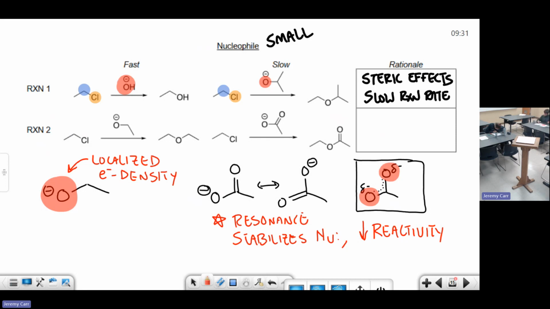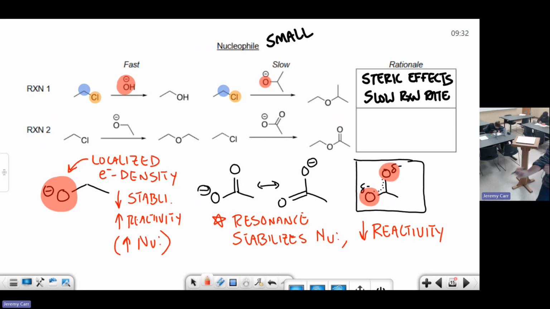Anytime you take a charge and you stick it on one atom and it can't move around, it can't be stabilized through resonance or electronegativity or anything like that, you tend to increase the reactivity of it. So you see a decrease in stability, and we increase the reactivity. Point being, this is increasing in its nucleophilicity.